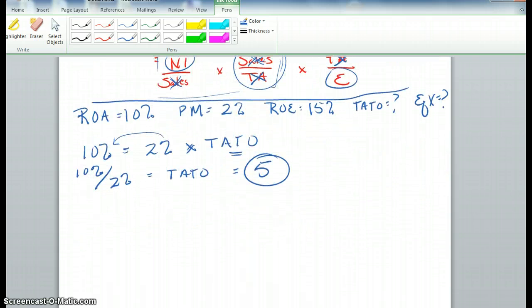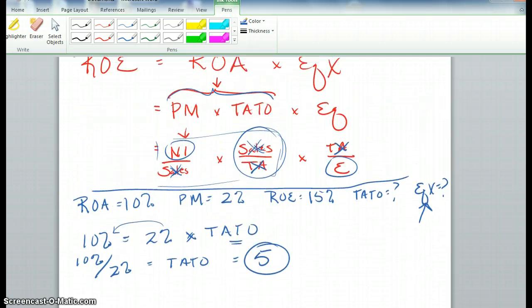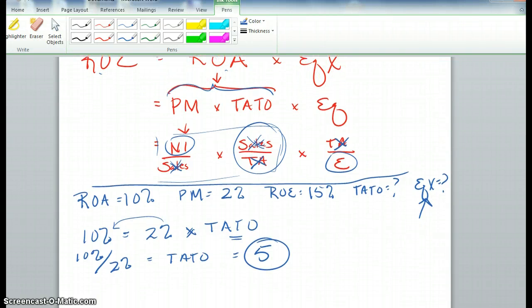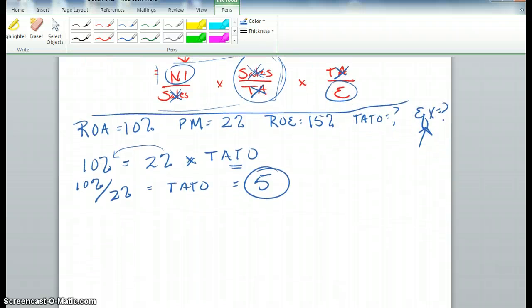The second thing to solve is we want to know what the equity multiplier is. And we have ROE, so I'm going to take a look now. ROE equals ROA times the equity multiplier. Well, it can't get too much easier.